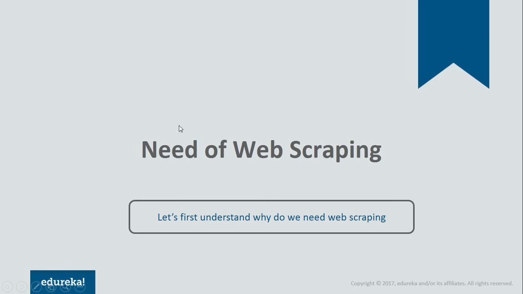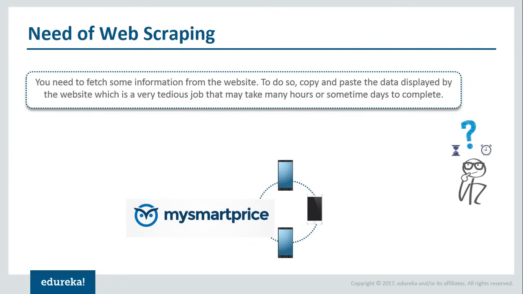Now let me begin with the very first topic, that is the need of scraping, or why do people actually scrape a website. So scraping is basically extracting data from various websites. Now there are many ways to collect data online, but let's say I just want to collect data for comparison. Here let me take an example of MySmartPrice, which is known for best price comparison.